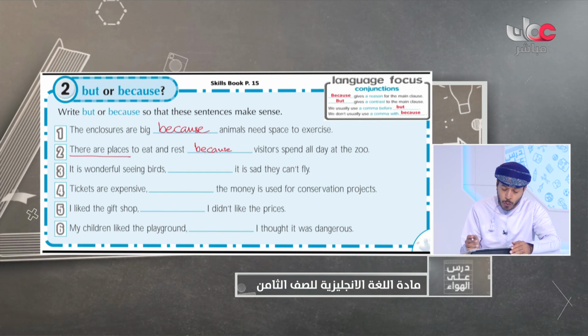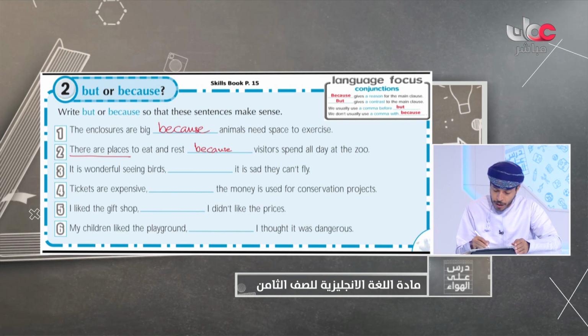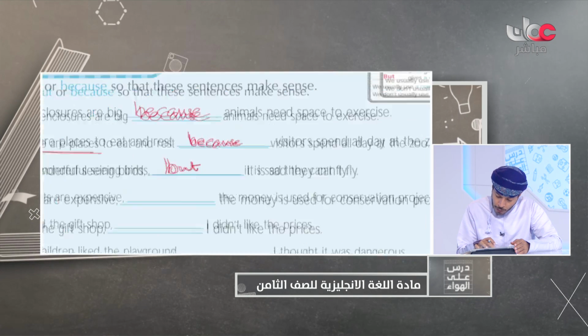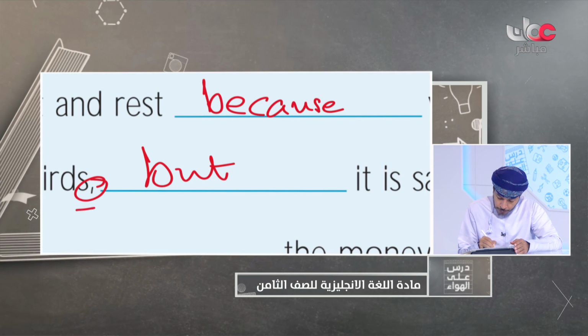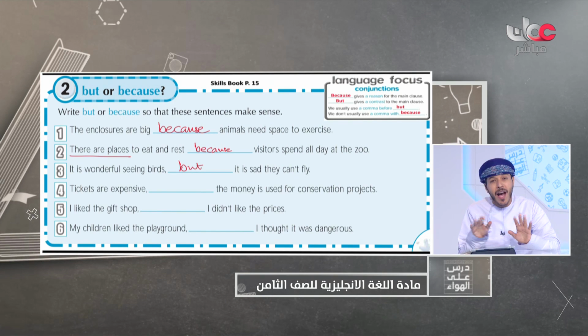But look at the third one: it is wonderful seeing birds, but, and as you can see, there is a comma here. So we use but where there is a comma, and we use because where there is no comma. So for number 3, it is wonderful seeing birds, but it is sad they can't fly.